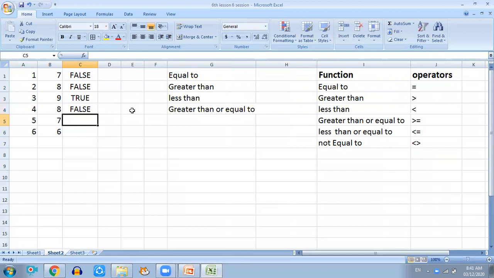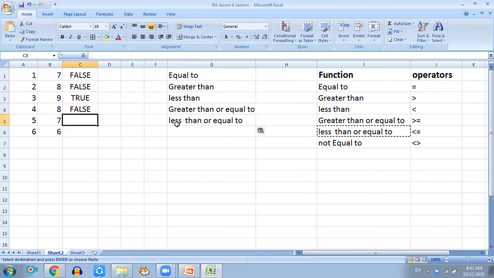Let's check: false. Suppose we enter 9 here, it is greater; if 8, it is equal, so it is true. But if it is less, it will show false. Here it was 4, so let me enter 4 again.